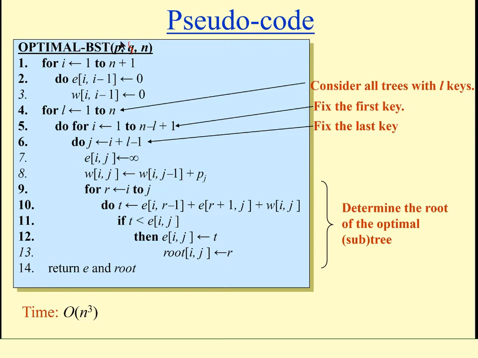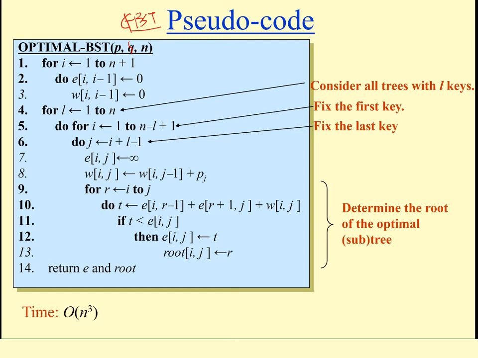This is just to be consistent with the paper, with the book. q is for the keys not available in the BST, but in fact we only consider the simple case, so all the search queries are inside the BST. So it's only p and n. p is a sequence from p1 to pn, and n is the number of keys.